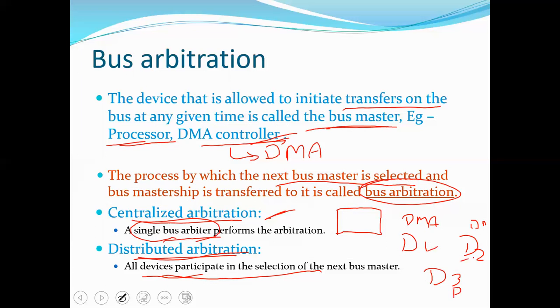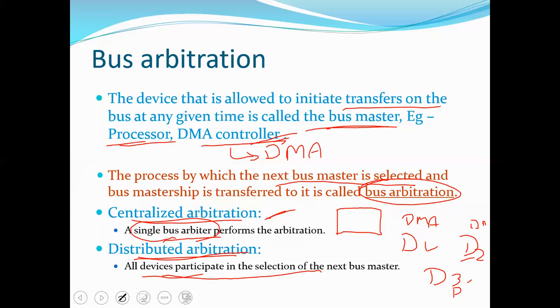All these devices are involved in the selection of the bus master in distributed arbitration. In centralized arbitration, it is a single control, a single bus arbiter, a circuit which selects the bus master.